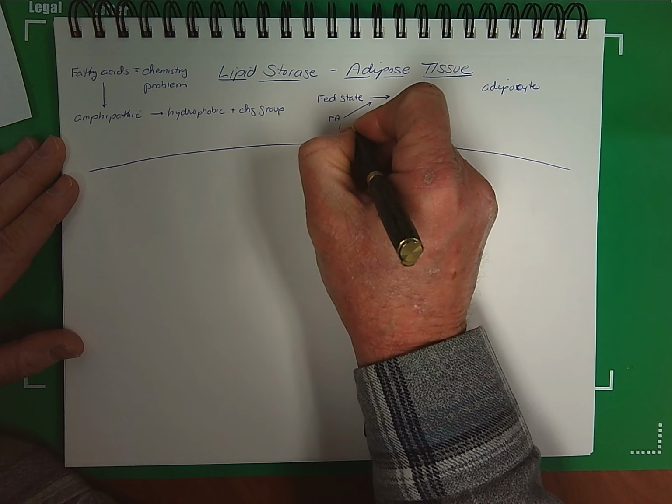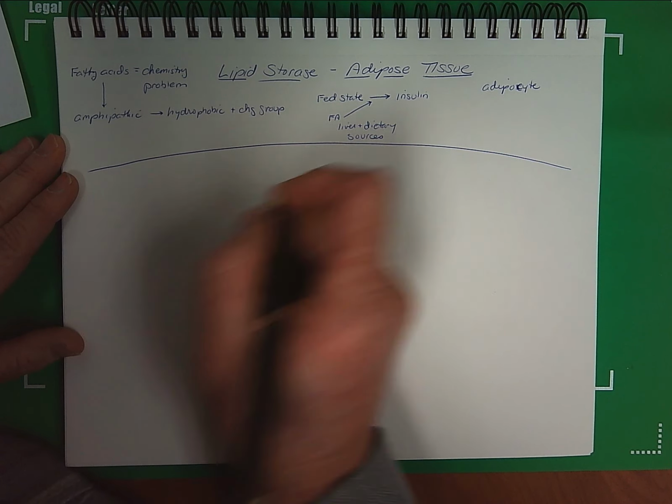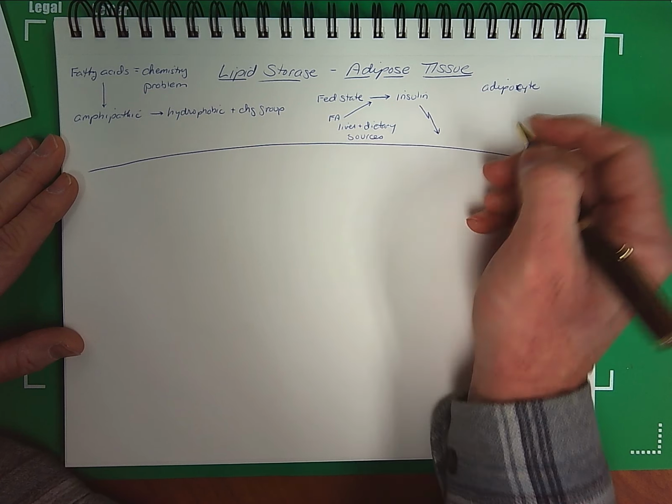Now, being in a fed state, that means that we have, of course, insulin signaling, our anabolic signal. The insulin will activate its receptor on the cell surface. And this activation, of course, will perform the same type of reaction as in skeletal muscle.